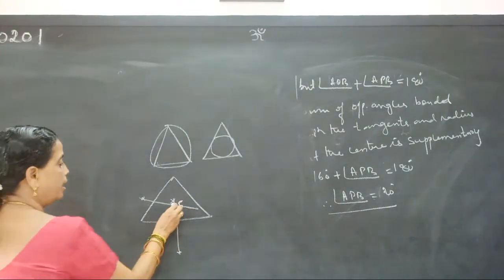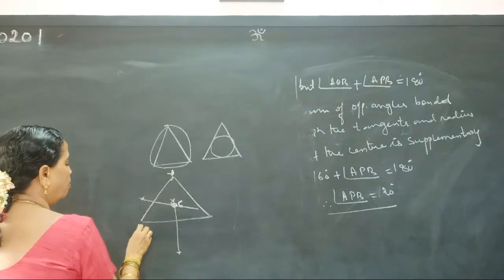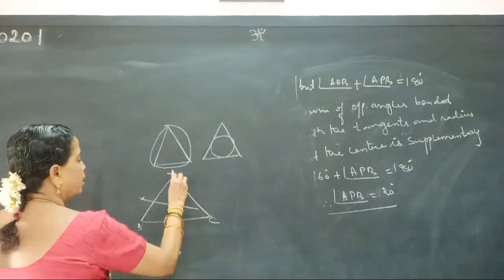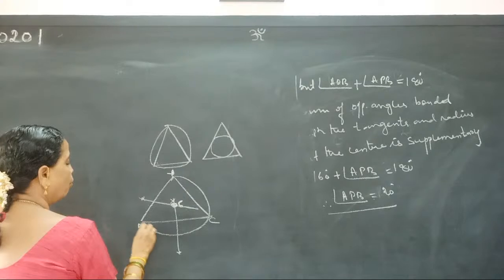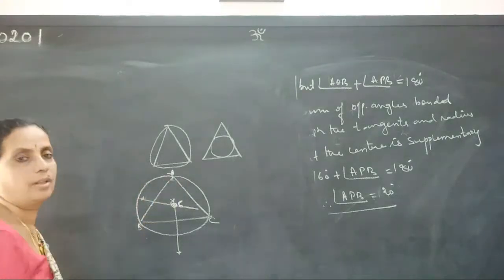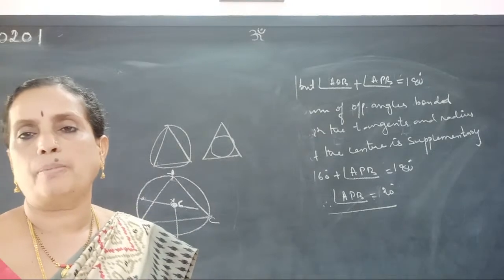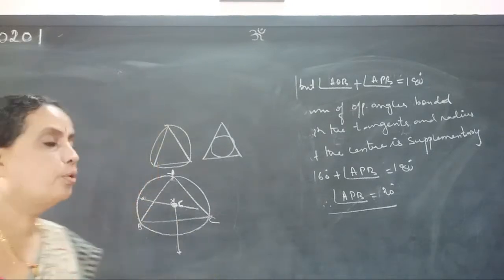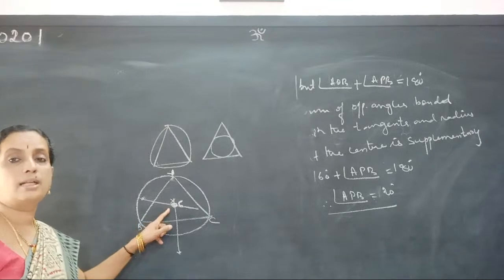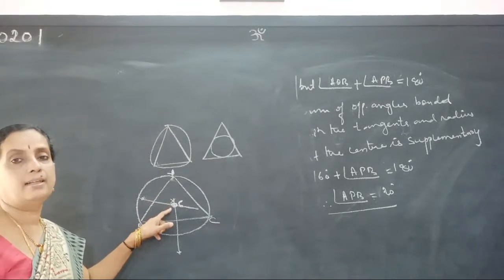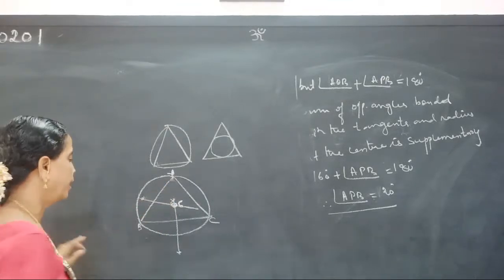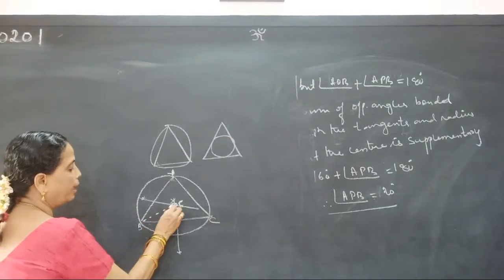Using this center, OA or OB or OC as radius, if you draw, you will get a circumcircle. That is, by the point of intersection of the perpendicular bisectors, you will get the circumcenter, and the radius we call the circumradius.